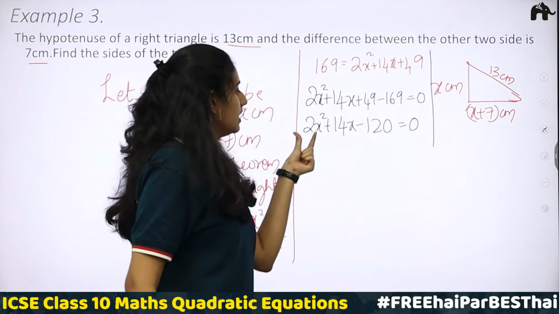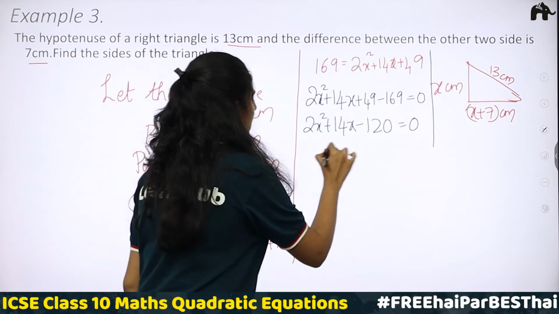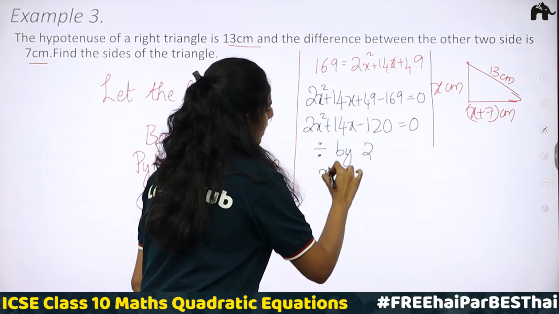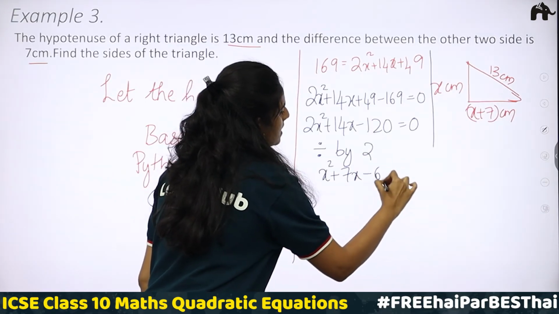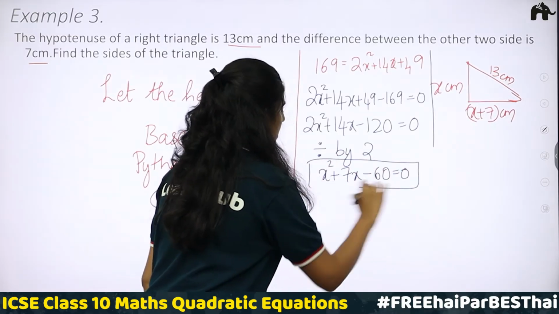Now I can divide throughout with 2 to simplify this equation. Dividing by 2, we get x square plus 7x minus 60 is equal to 0. This is our standard quadratic equation.